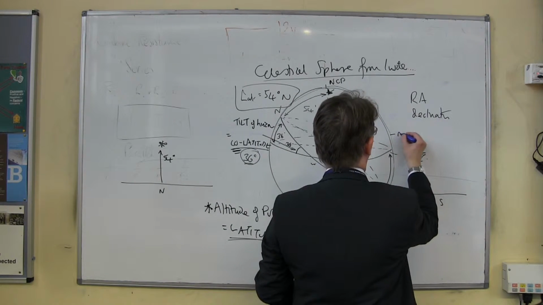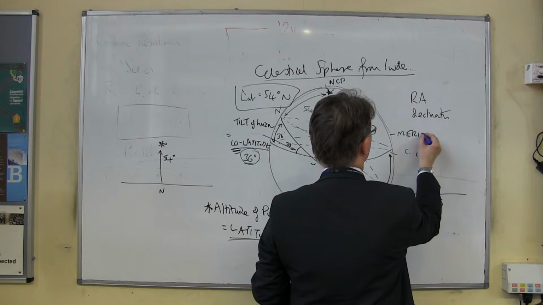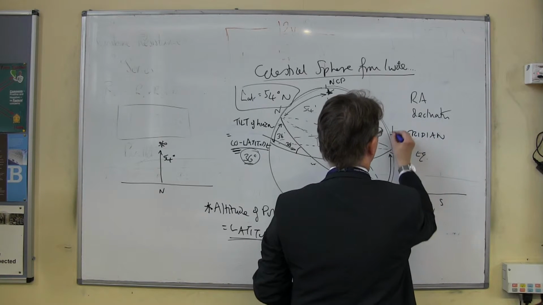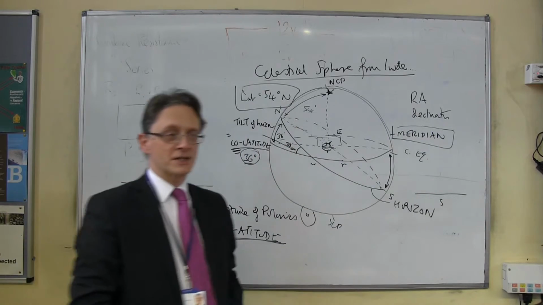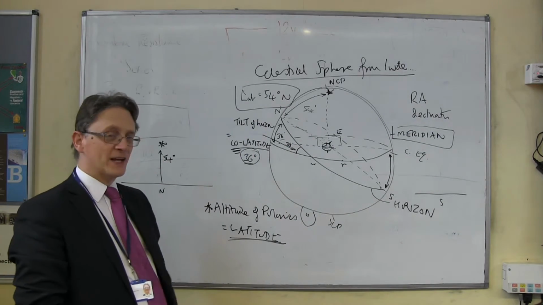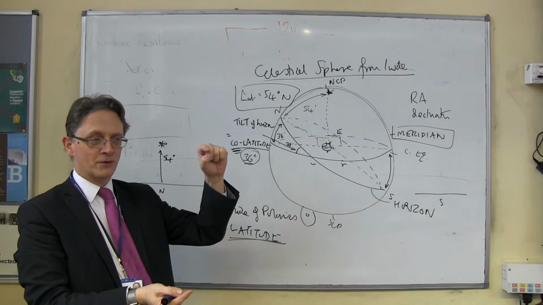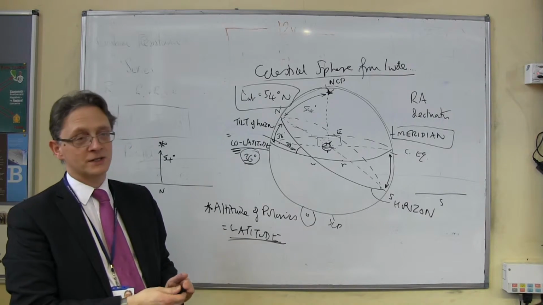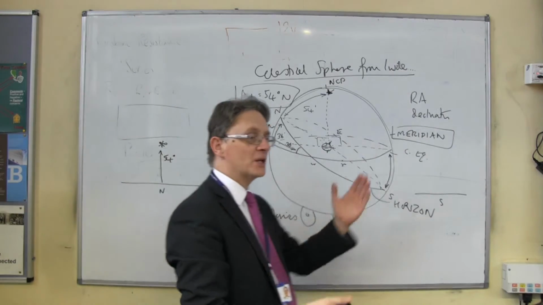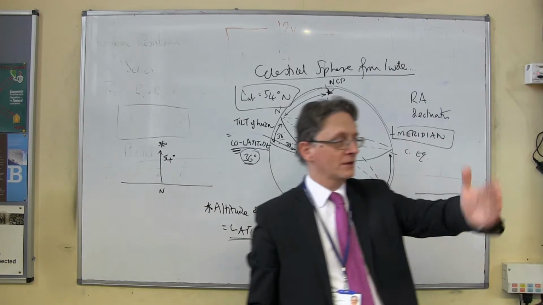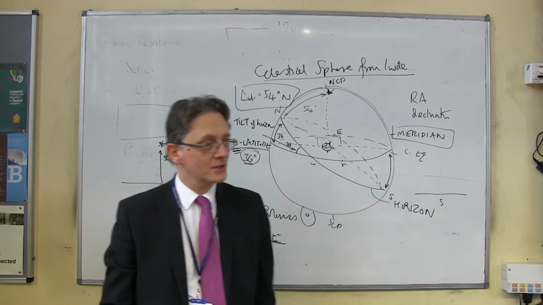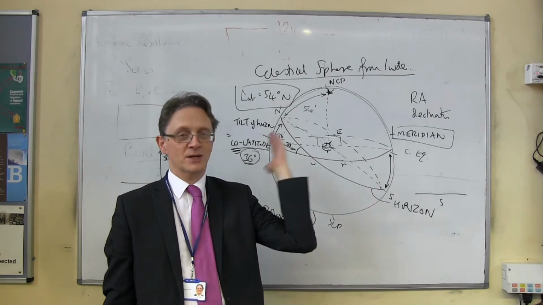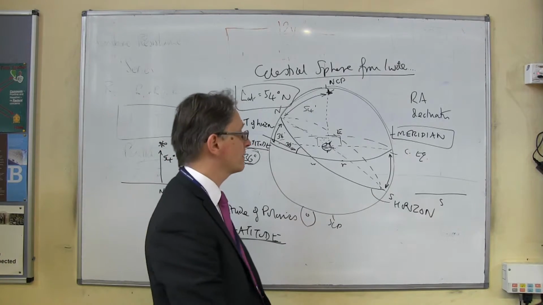I really can't draw that very well on the other diagrams, but it's known as your meridian. Generally on a sphere, any line that goes from the North Pole to the South Pole is called a meridian. You'll be familiar with the one that goes from the North Pole through Greenwich to the South Pole. It's now called the prime meridian, isn't it? Or the Greenwich meridian. Okay?